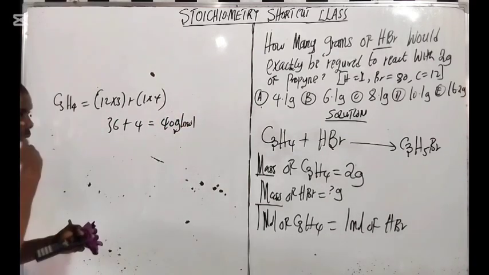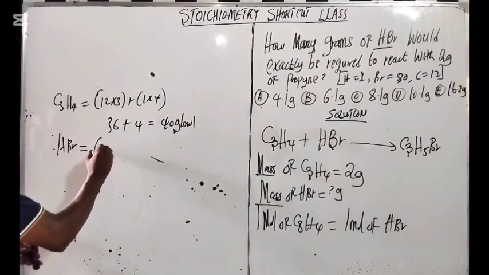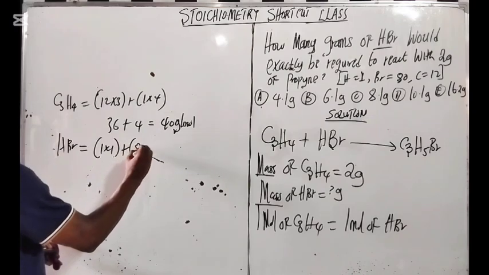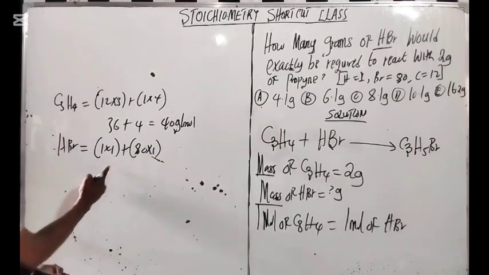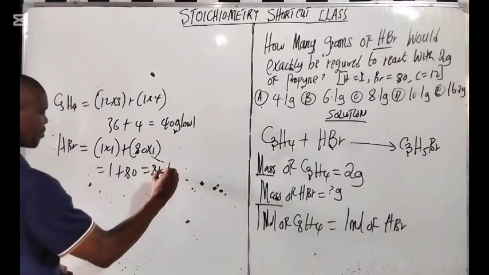Do you see that? Now what about this one? HBr equals 1 times 1 plus 80 times 1, which is 1 plus 80, which is 81 gram per mole.